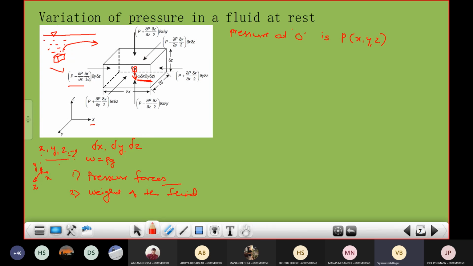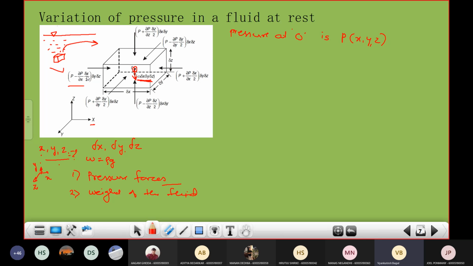Yes, sir. So what is Taylor series expansion? How do you write it? You write the expression like f of x, and h is the variation, then you write f(x) plus h f dash x plus h square by 2 factorial into f double dash x.